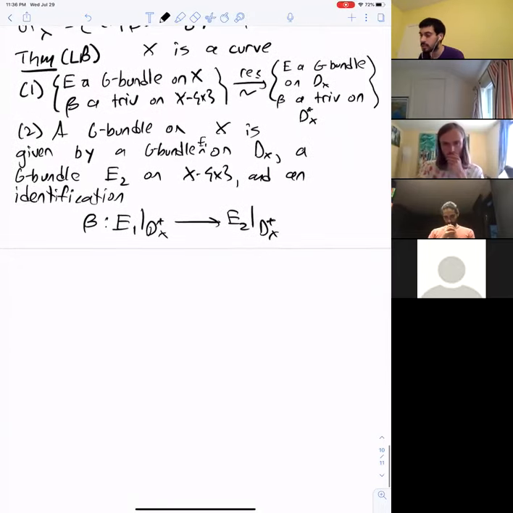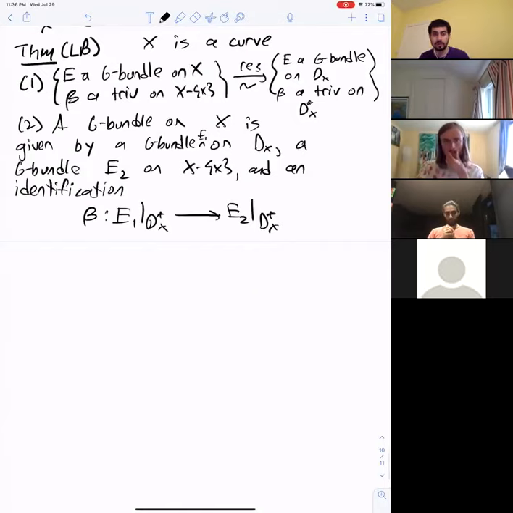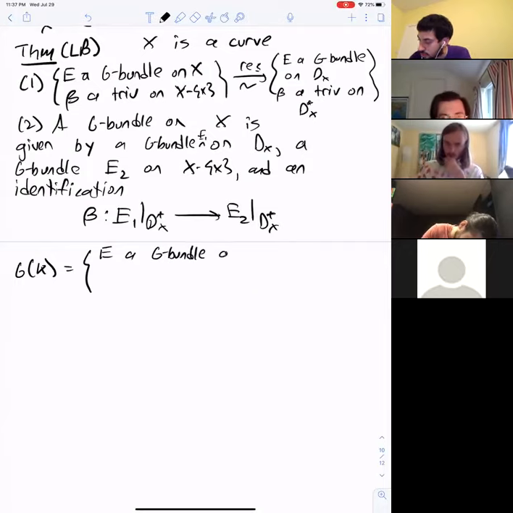And this theorem is going to give us yet another way of thinking of GK and the affine Grassmannian, but in terms of a general curve. So now we can think of GK, given any curve, as E, a G bundle on X, nu, a trivialization on X minus a point, and mu, a trivialization on dx.